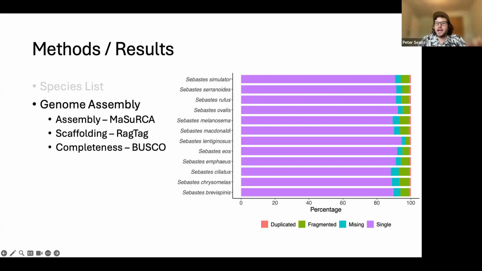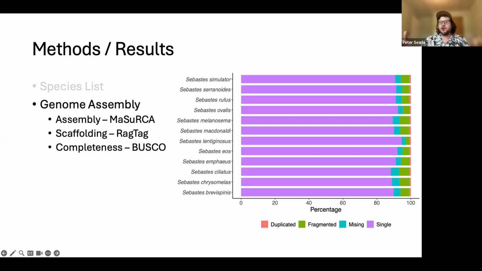So far, I have sequenced just 11 of those samples. I'm still working on getting some more data back for the other samples. But these are data from some initial assemblies that I did. I assembled contigs using this program called Mazurka, and then scaffolded the contigs with ragtag.